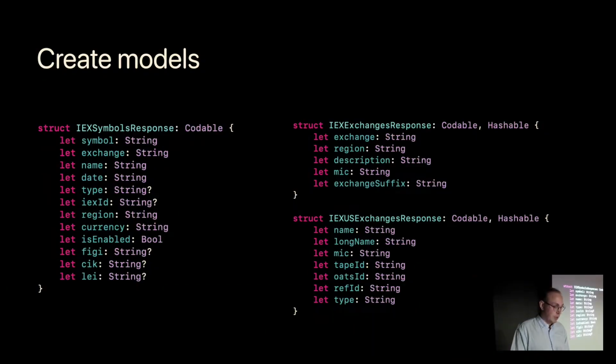In my example, I've got a symbols response that represents a stock. It has a symbol, what exchange it belongs to, a date, currency, etc. It could also be a model for a stock exchange, same principle. But both our server and our app need to understand what those are.